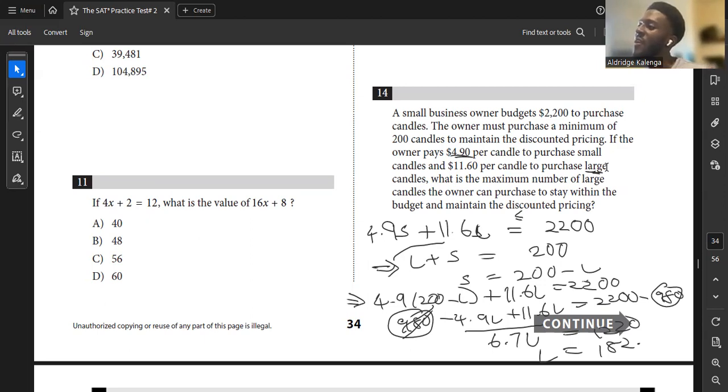All right, so the question is, what's the maximum number? The maximum number we can get is, because we can have 182 candles, but we can't have 182 and a 0 point something candle. That's not an actual candle. So the maximum number of large candles we can have there is 182. Is that okay? Yes. All right. Audin, do you see it?